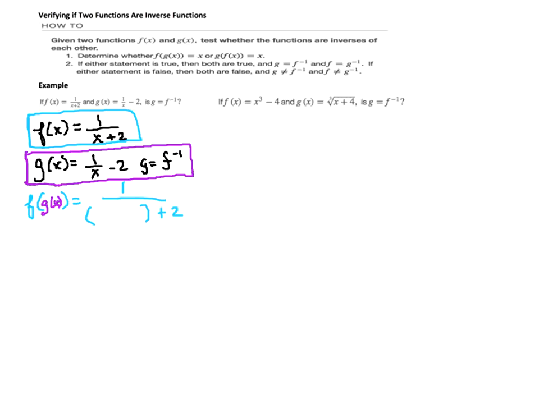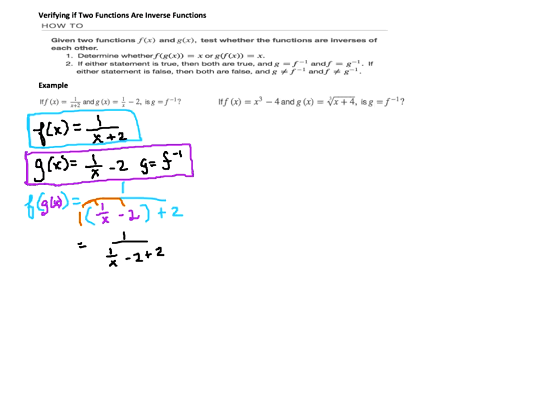And the something that I'm going to plug in is g, which is 1 over x minus 2. So I will point out that there's an understood 1 that gets distributed, so those parentheses just drop off. So I have 1 over x minus 2 plus 2.